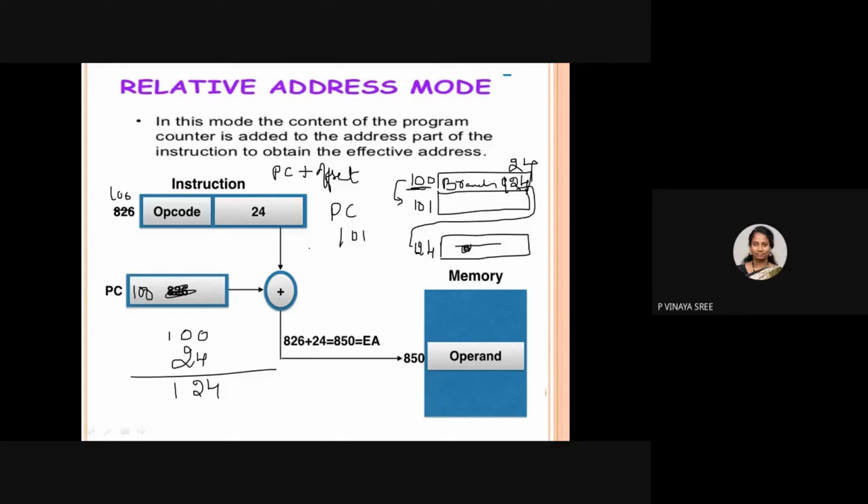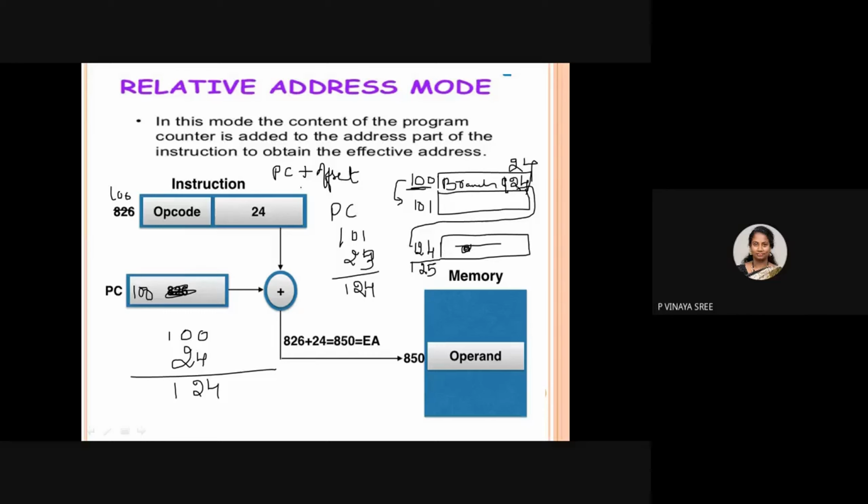If you add 101 plus 24, you will not reach the exact branch instruction, you will be reaching 125. So for that we'll be using internally offset minus 1. In the offset we have 24, we will be decrementing that by 1, so that we get 23, and we'll be reaching directly the exact branch address, which is 124. This is relative addressing mode.